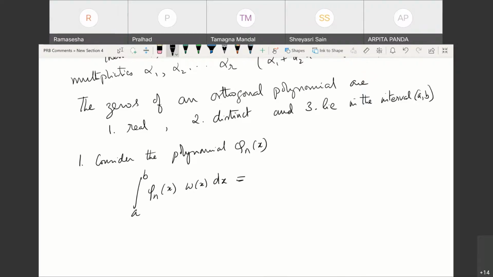What can you say about this? Actually P m, so n greater than or equal to m. What can you say about this integral? It will be 0.